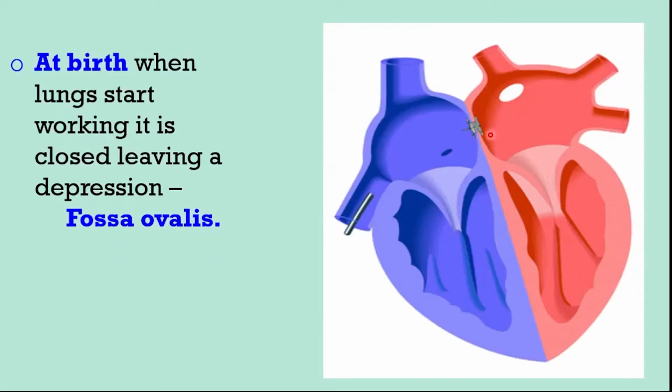The depression present on the interatrial septum is known as fossa ovalis. This marks the position of foramen ovale in the fetus. So, foramen ovale is the pore and fossa ovalis is the depression formed at the closure of the foramen ovale.